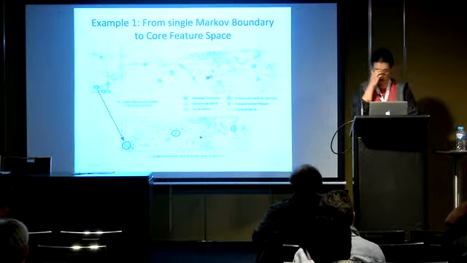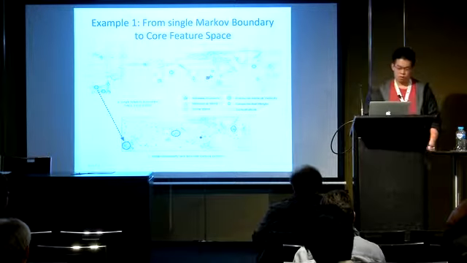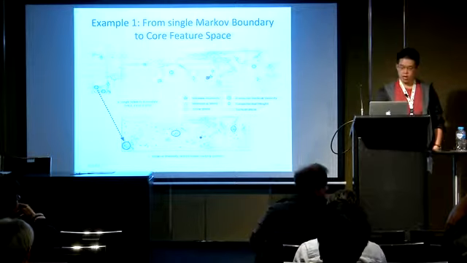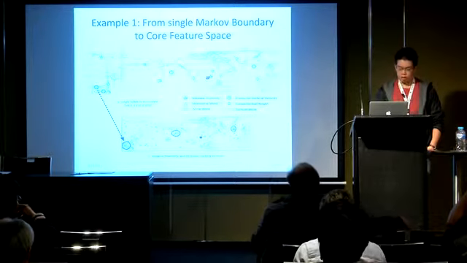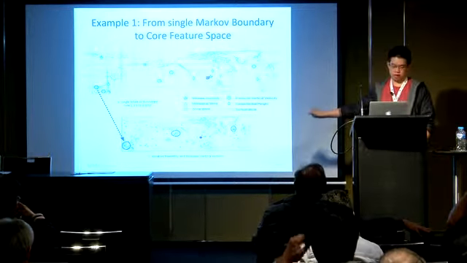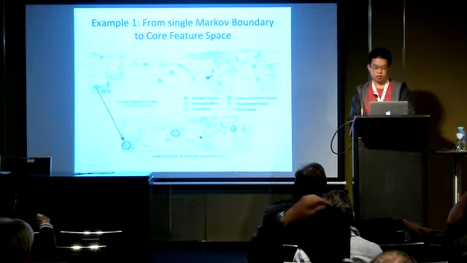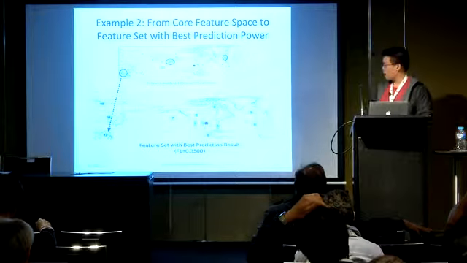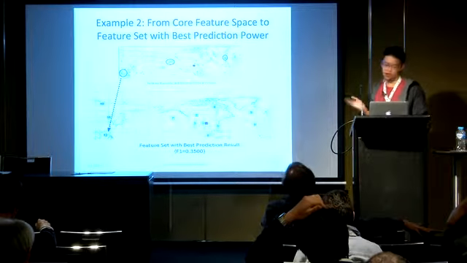This is just a schematic graphical example of how we go from a single Markov boundary to a core feature space. The graphic at the bottom of the slide shows the core feature space and the best features. And similarly, this is just another example.